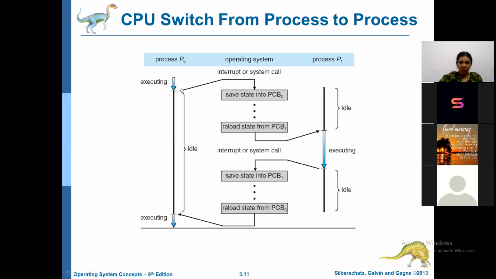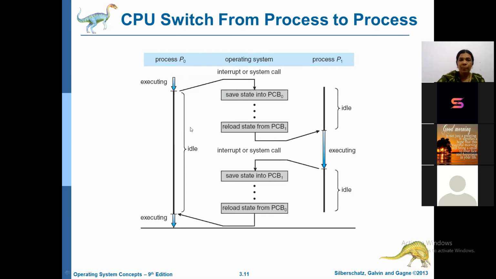So P1 is treated as either an interrupt or a system call. Whenever a user process P0 was going on, unfortunately a high priority process called an interrupt or system call occurs. So what does the operating system do? The operating system switches the processor from the lower priority process to the higher priority process.